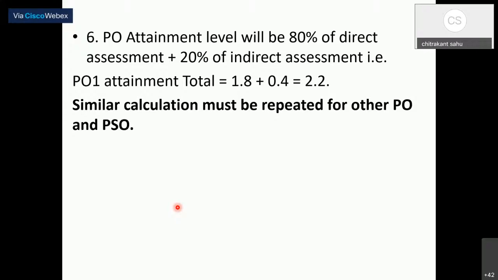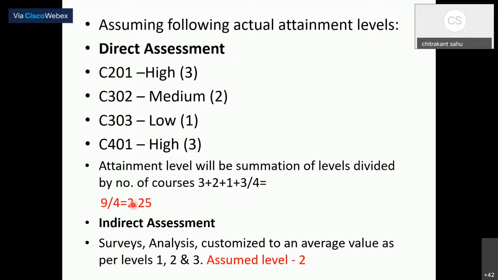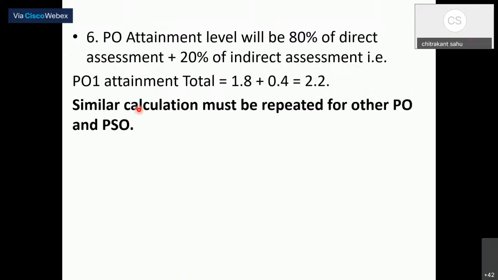Then I will multiply 20% with the 2, and add the 80% of 2.25, and we will get the overall attainment, that is 2.2. Similar calculations can be repeated for the other program outcomes and program specific outcomes. So this is the process of calculation for one program outcome.